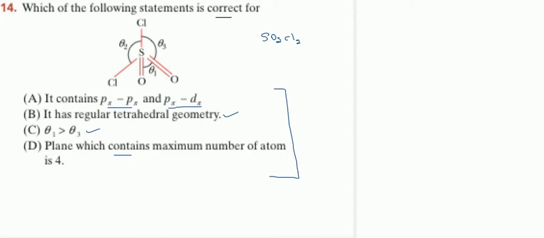First of all, in SO2Cl2 the central atom is sulfur, and the surrounding atoms are chlorine and oxygen. First of all, regular tetrahedron geometry means all atoms attached to sulfur are the same.